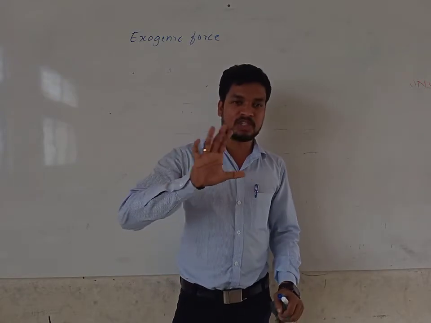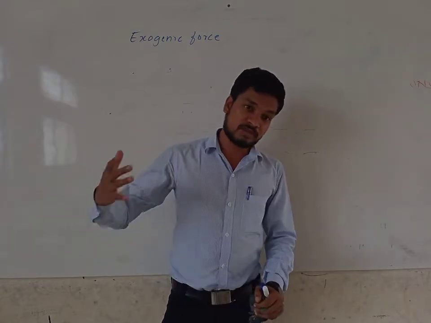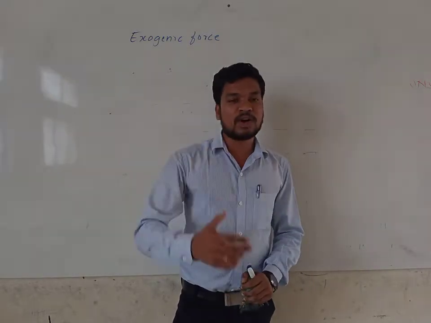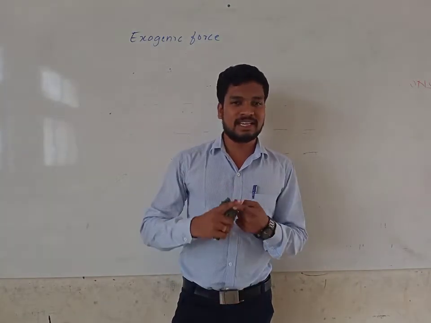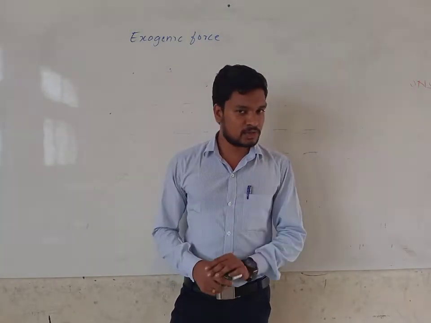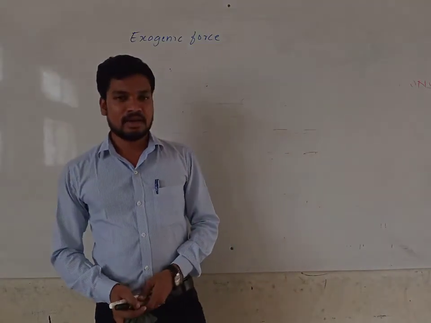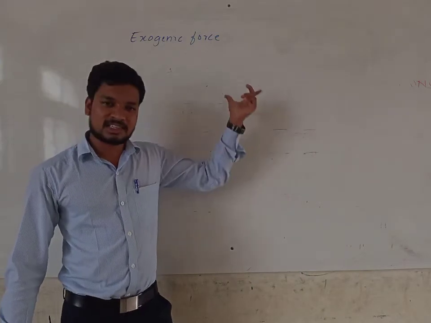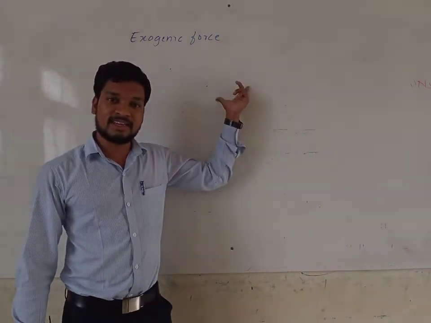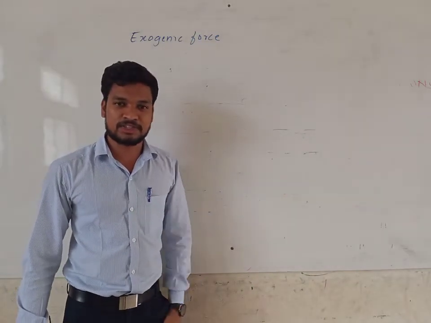These are the factors which cause the force. Because of this force, three important things happen on the surface: weathering, erosion, and deposition. We discussed that in the last lesson.